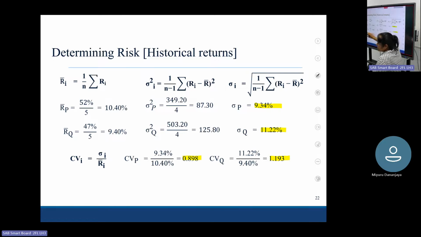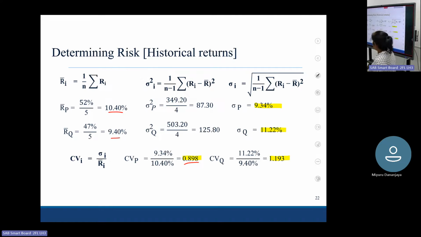You cannot take this decision by looking at the standard deviation. You have to take the decision based on the coefficient of variation. The reason is that the average returns are different. If the average returns were the same, you could decide by looking at the standard deviation.